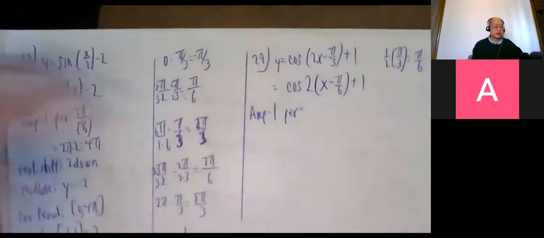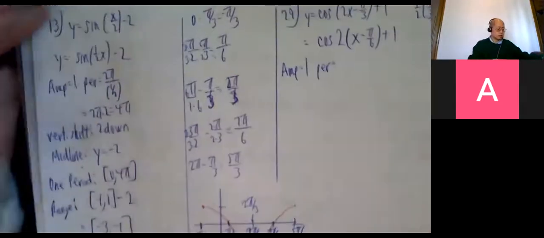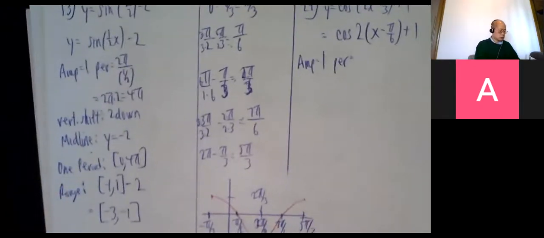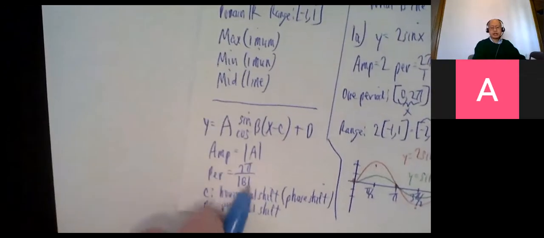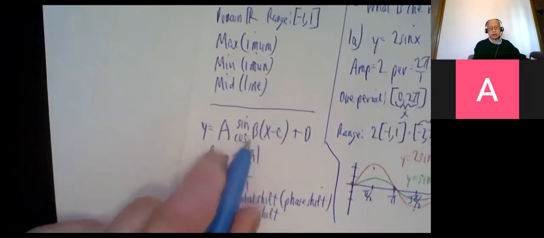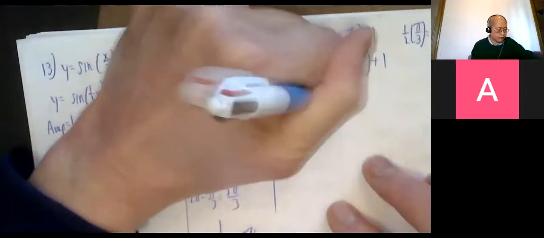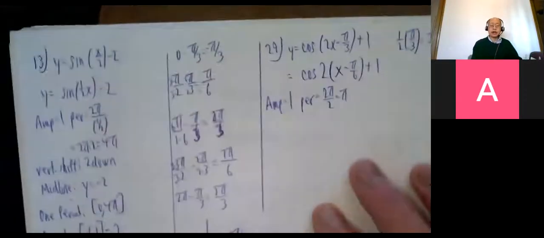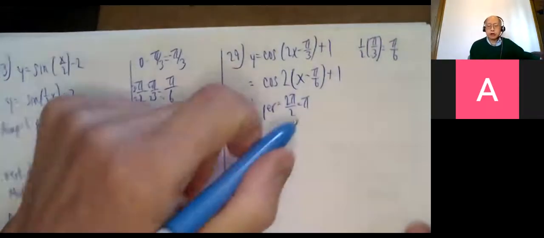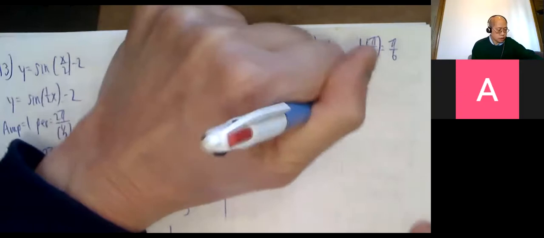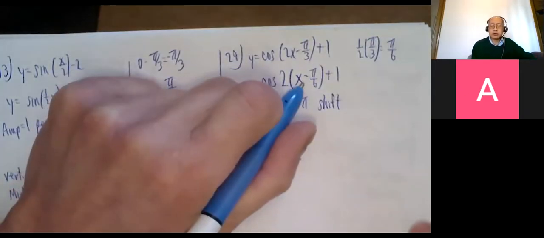Period is 2 pi divided by b. Strictly speaking, absolute value of b, but it's almost always going to be positive. So 2 pi divided by 2, which is pi. This one has a horizontal and vertical shift, right? Shift is pi over 6 to the right.